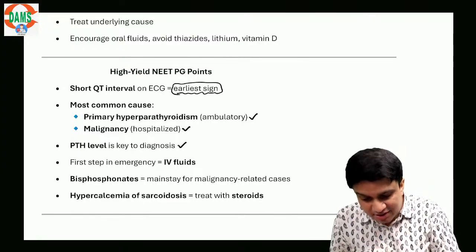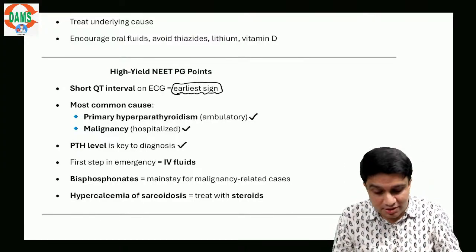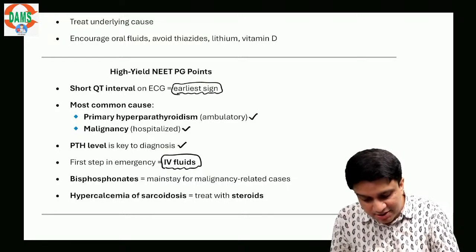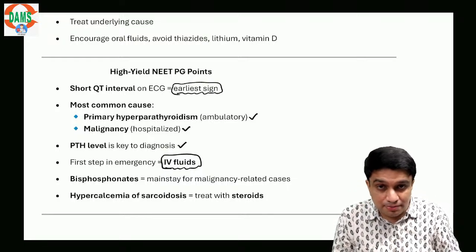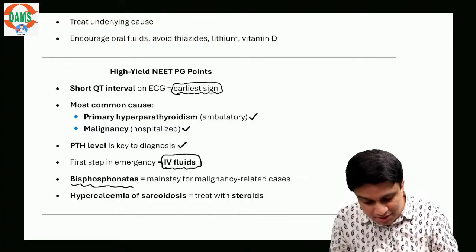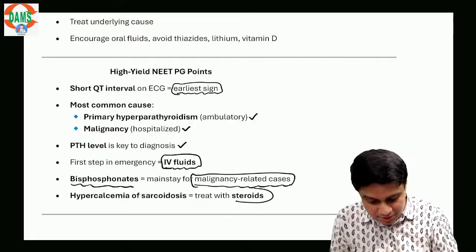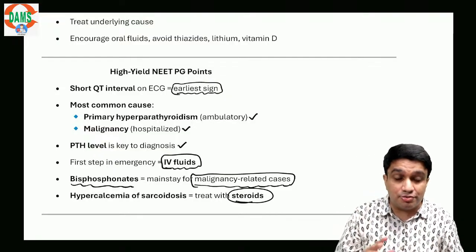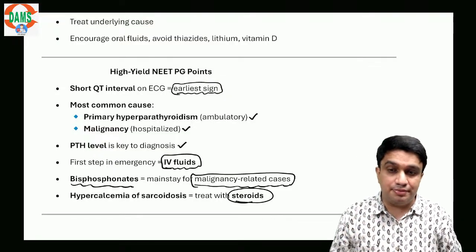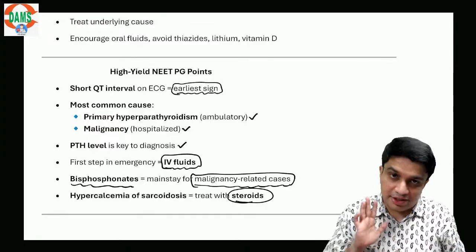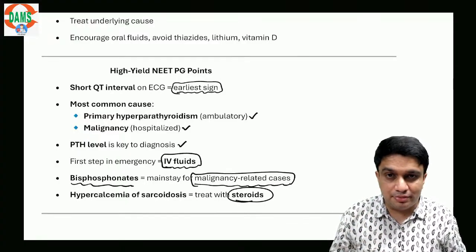PTH level is key in the diagnosis. First step in emergency to treat hypercalcemia is IV fluid. Bisphosphonates are the mainstay in therapy for malignancy related causes. And please remember, hypercalcemia for sarcoidosis, what do you give them? Steroids. At least remember these high yield points.